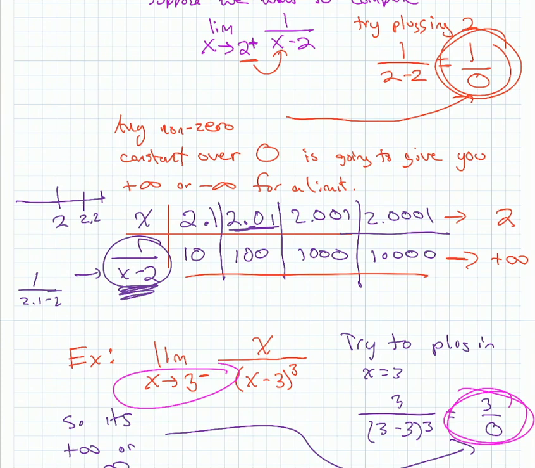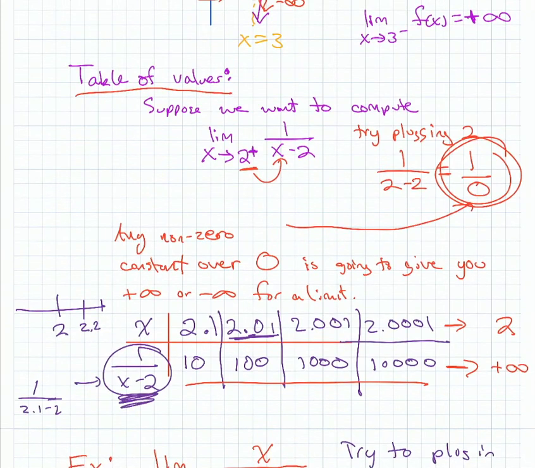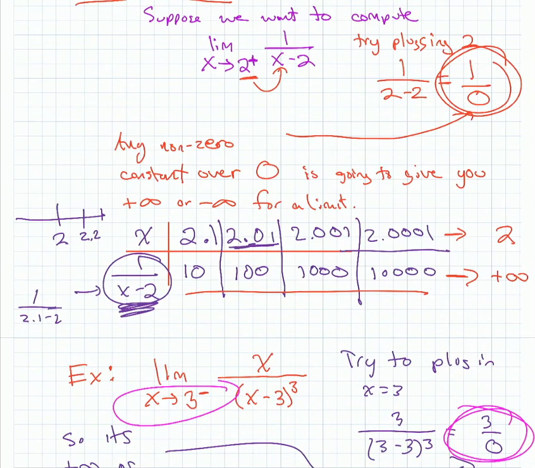If I knew just from this right here that it was going to be plus or minus infinity, and then I skipped the table and only did one value from it, just forget the other terms in the table. All I did was plug in 2.001 and I got 1,000. Well, 1,000 is positive, so I would have been able to conclude plus infinity just from that. I don't need to see the whole table, right?